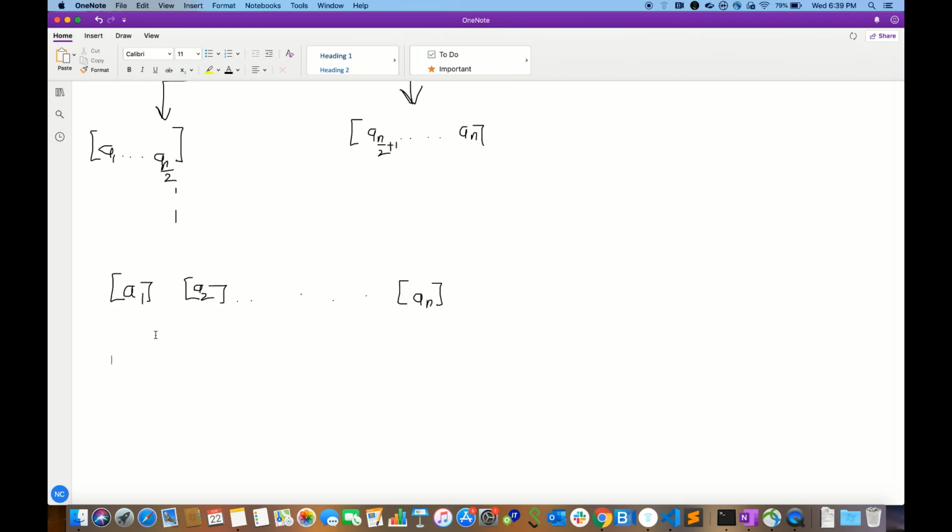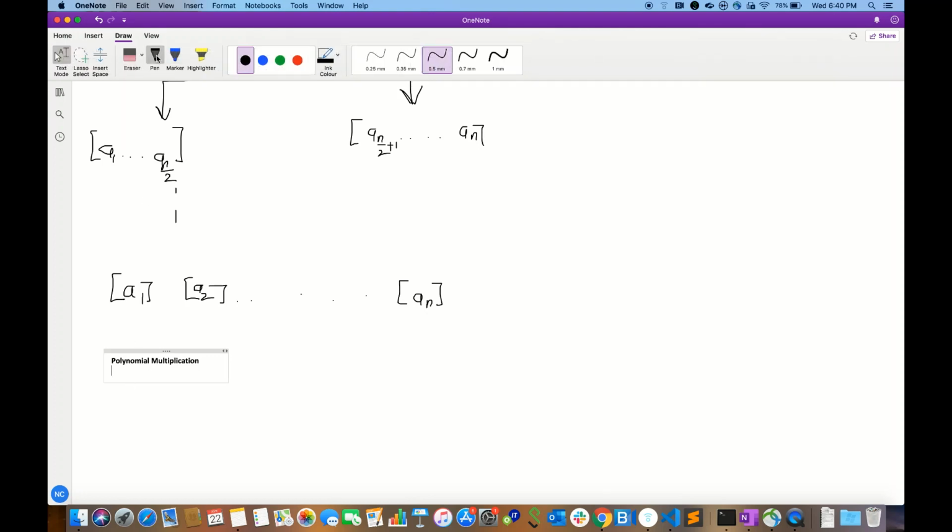So consider polynomial multiplication, for example.